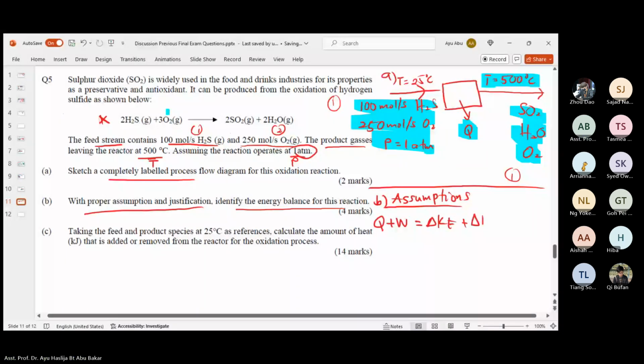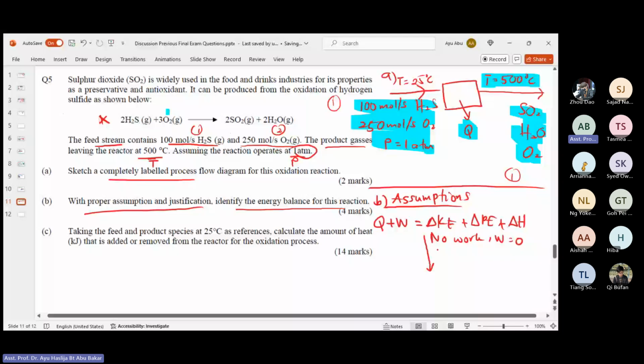Okay, now, what is your assumption? No work, no kinetic energy. Yes, no work done, so W equals 0.